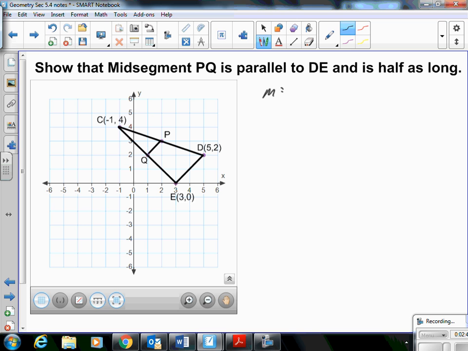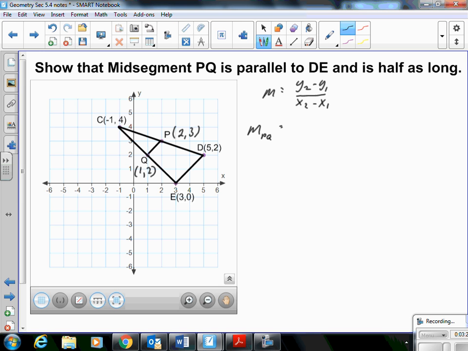So the slope formula, if we remember, is y2 minus y1 over x2 minus x1. Starting off, figuring out the slope of PQ, which I don't have those points labeled, but P is at the point (2, 3) and Q is at the point (1, 2).